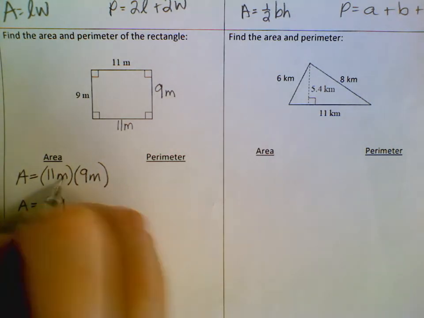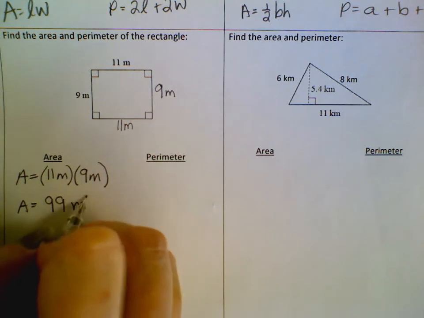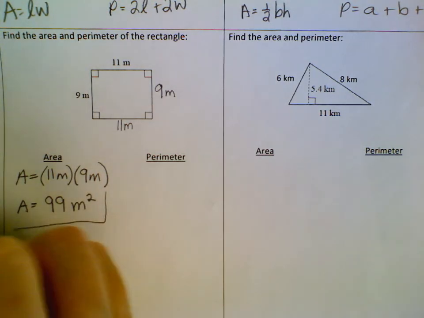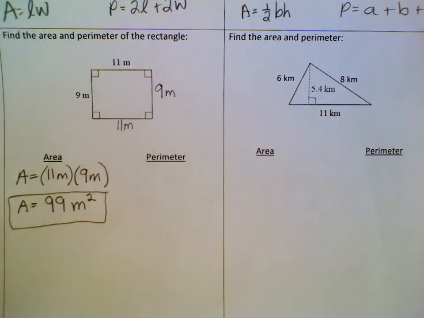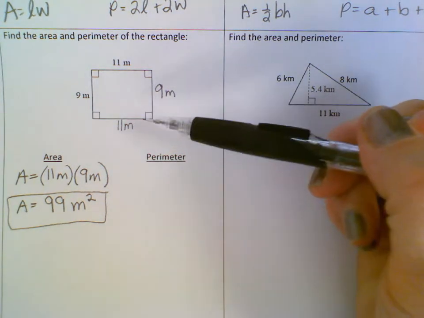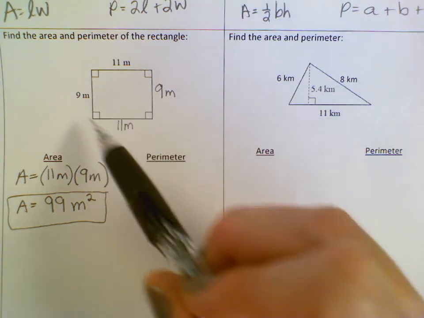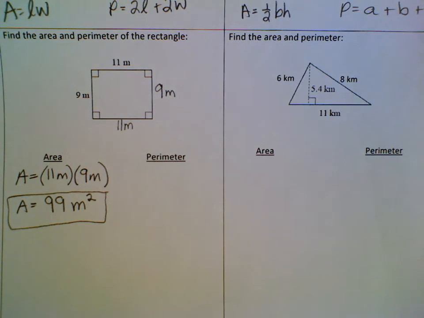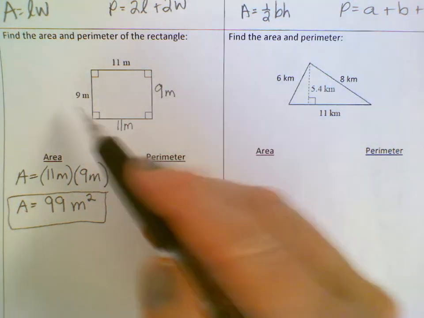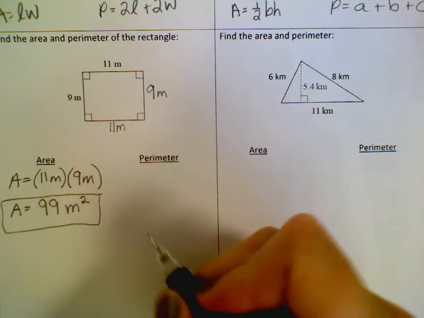When I multiply meters by meters, I get meters squared, or square meters. So this is a large rectangle. If you could imagine a blanket with squares on it, and each square was 1 meter by 1 meter. That's how much area this blanket would occupy, or this rectangle.